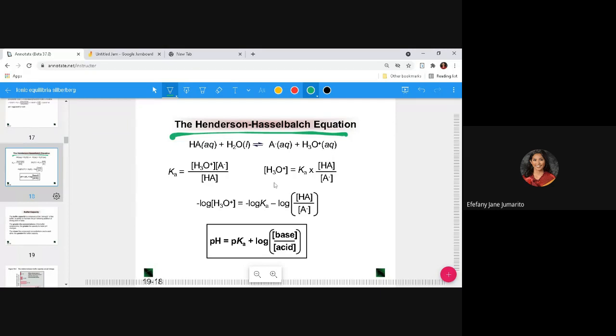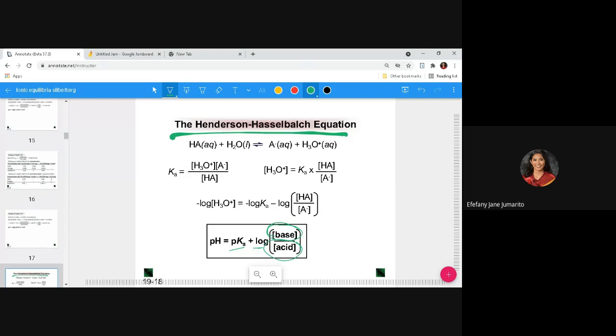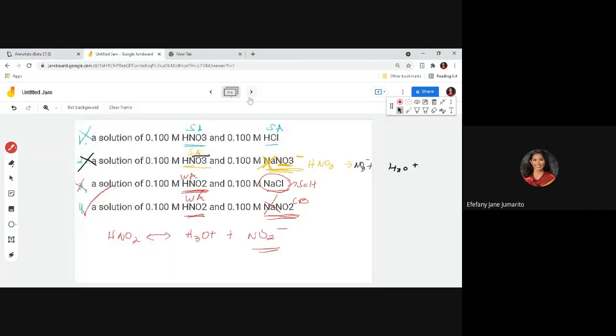Now, if we have a buffer, then how to calculate the pH? pH is just pKa plus the log of the conjugate base over your acid, that's the concentration of your acid. Okay, so this is your pH if we have a buffer. Now let's go here. Okay, don't forget the formula.